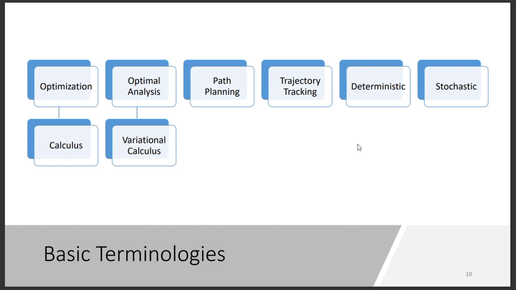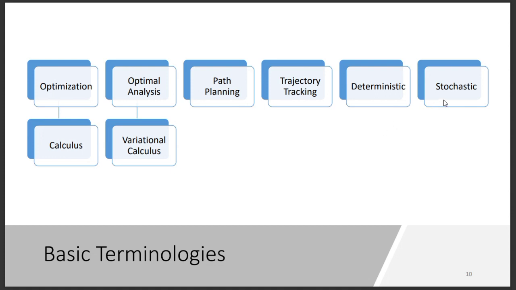Optimization takes calculus and optimal analysis is the variational calculus. Variational calculus means changing in a part. That is variational calculus. Those are the basic terminologies we will use in path planning for mobile robotics.